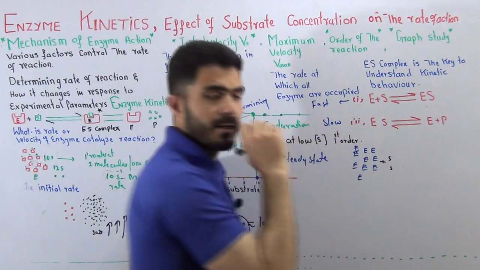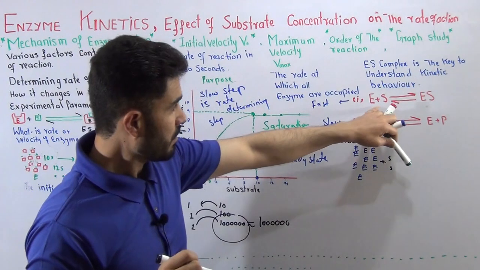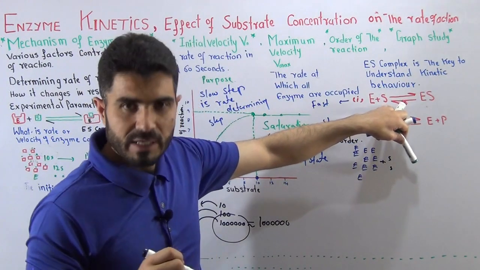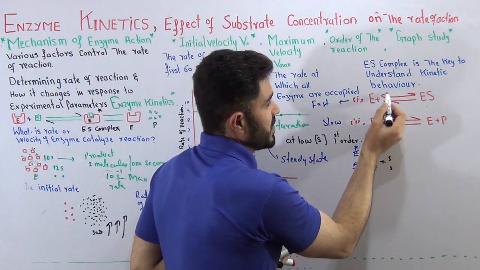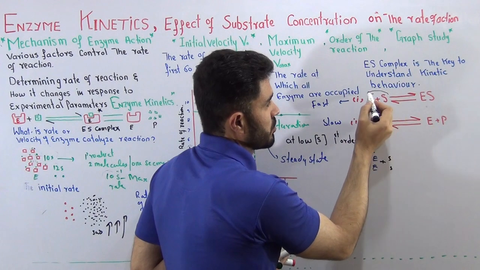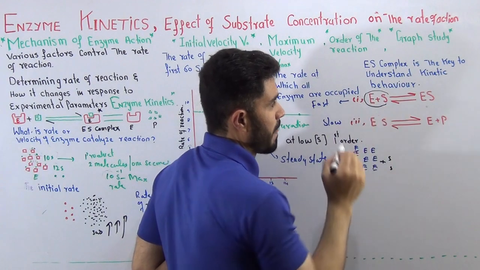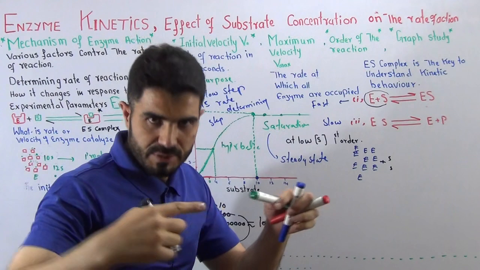In this kind of reaction, where you have very less substrate molecule, this side is already small.